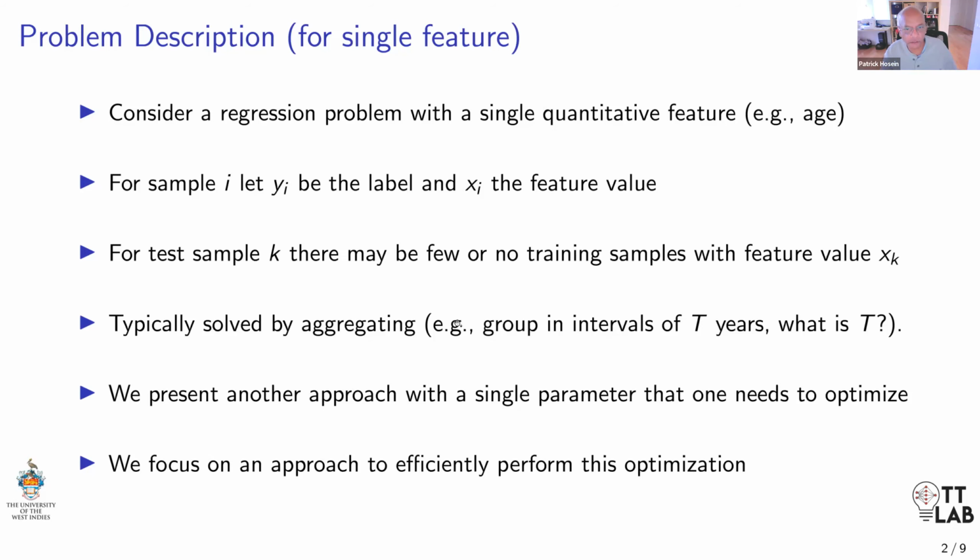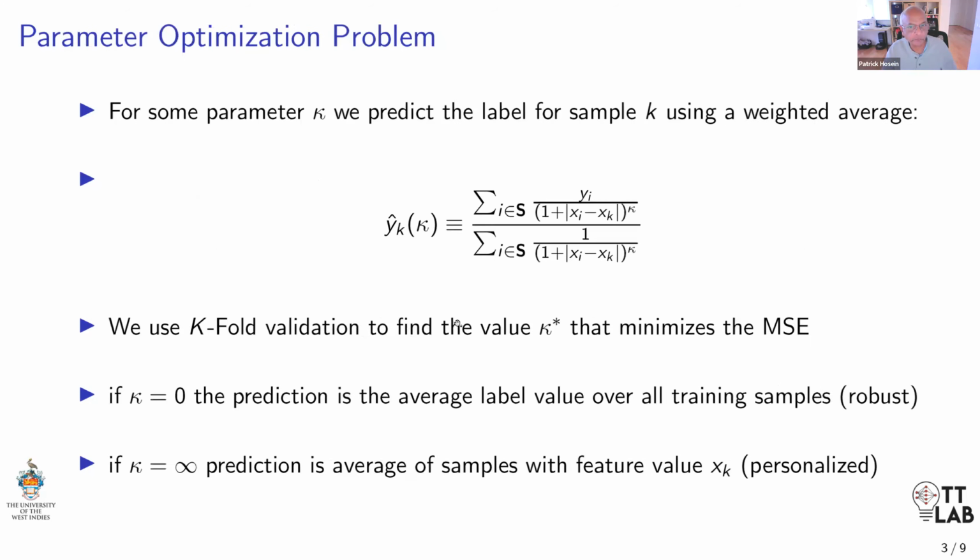Here we provide a different approach. We use a weighted average of all samples to predict the label, or the target value, of the test sample, and kappa is used to represent the rate of decay of the weighting.